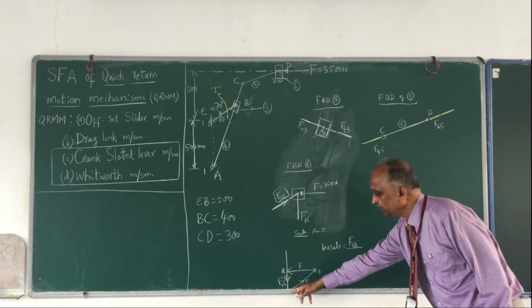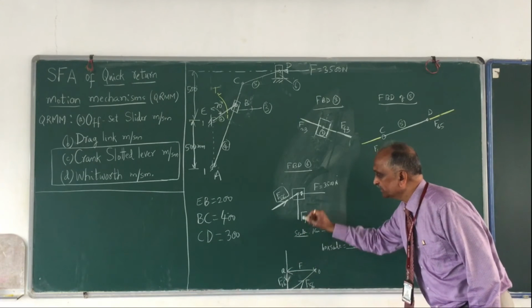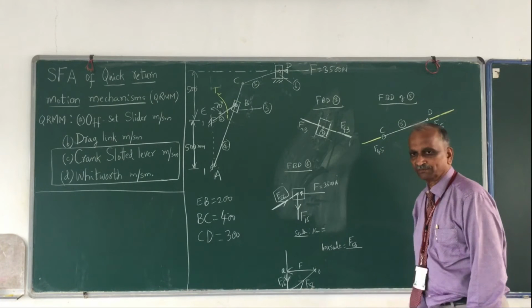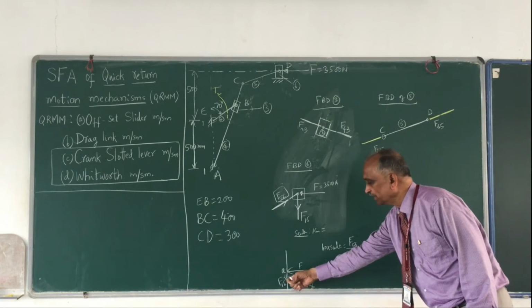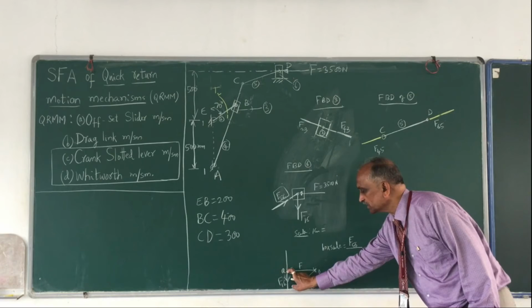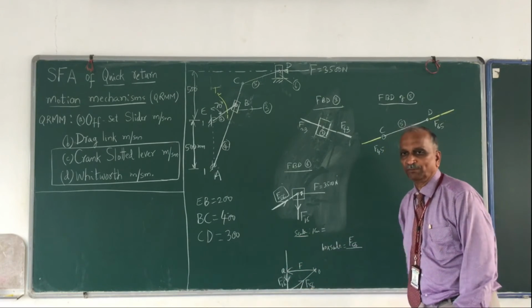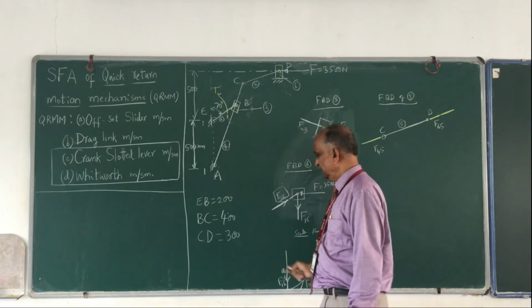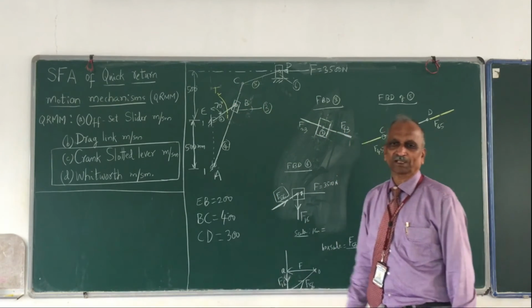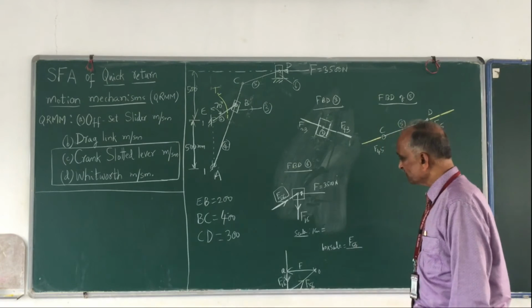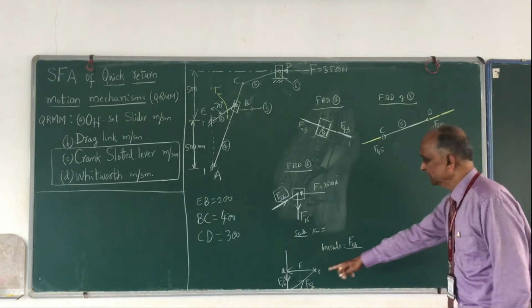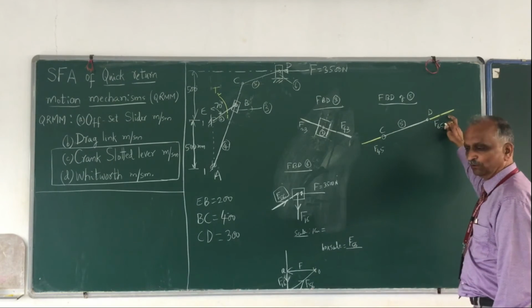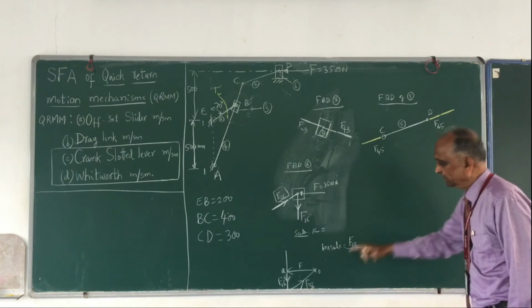Similarly, if you also require to know F16, it is downwards. So I know F16, this length multiplied by the scale will give you the magnitude. Anyway, if I am interested in knowing only T2, then I may not require to know F16. No problem. I know F56 and F65 are exactly equal and opposite.